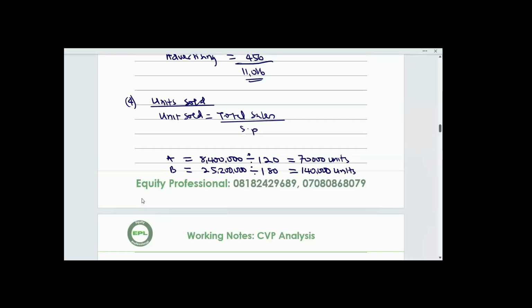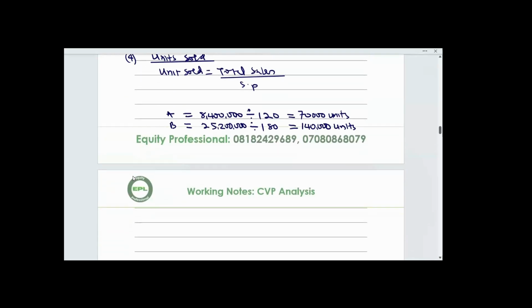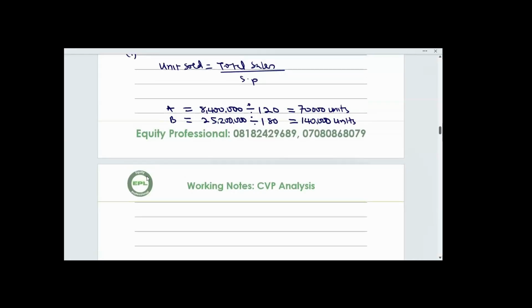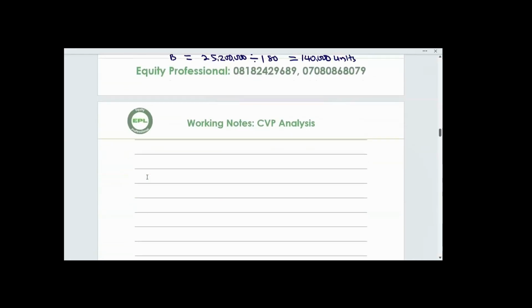Okay, so now that you have the units sold for each product, you need to calculate the revised sales for product B. Product A is not changing. The sales of product A will still remain 8.4 million because examiner did not tell us that it will change.